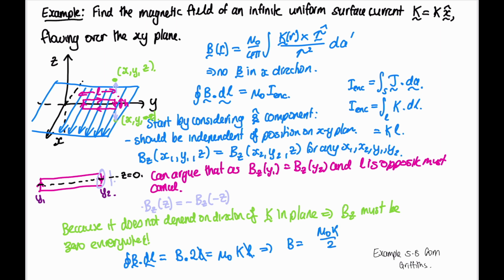Now, it doesn't tell us anything about the direction. We know that the direction is in the y direction, but it doesn't tell us if the magnetic field is going to the right or going to the left. In order to work that out, we'll need to use our right-hand rule.